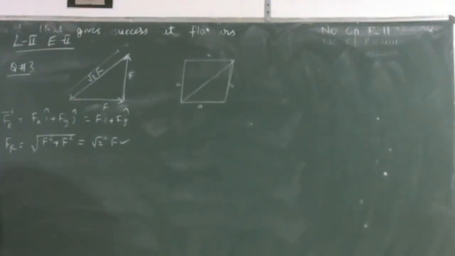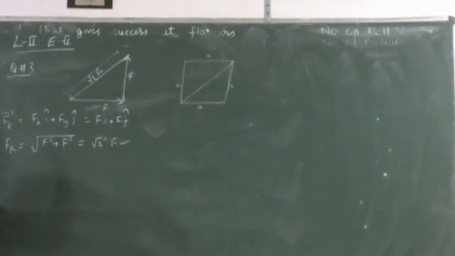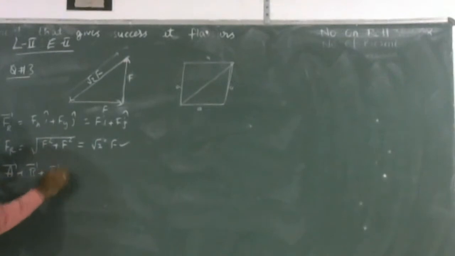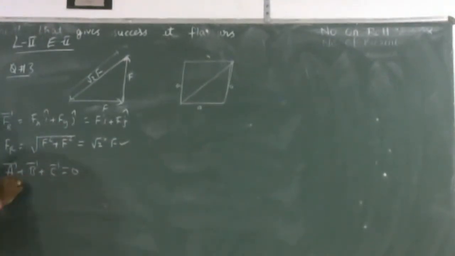If that is the case, and the sum of the three vectors is 0, with the three vectors given as A, B, C, then A vector plus B vector plus C vector is equal to 0, provided the magnitudes of two are the same, then the magnitude of the third one is root 2 times that of either of them.